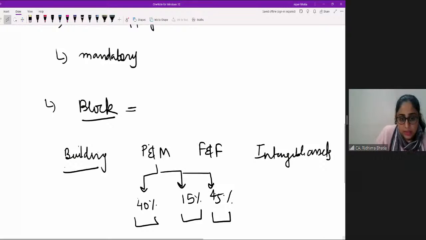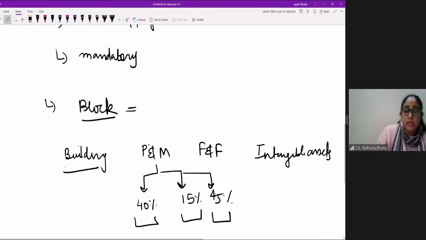I acquired it in the month of April, but I put to use it only in December. So it would be used for less than 180 days this year, obviously, till the end of the year. So my depreciation, I would be allowed only at 50% of the rate specified. I'm coming to the rate, but it would be allowed at 50% of the rate. So if the rate is 10%, I would be allowed only 5%.